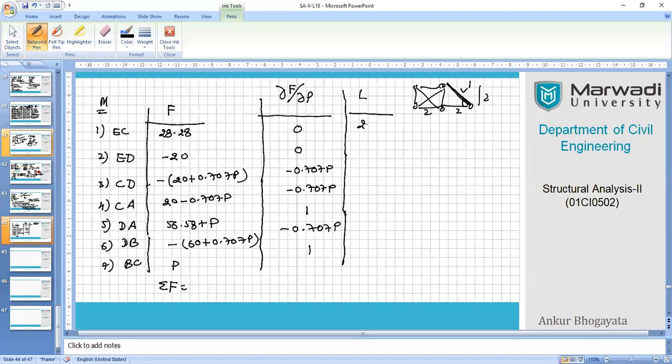So what is the final answer? All the diagonals will be 2.82, sir. Yes, 2.82, and all the others will be 2 meters, like ED. ED is 2 meters. Then CD, that's again 2 meters.